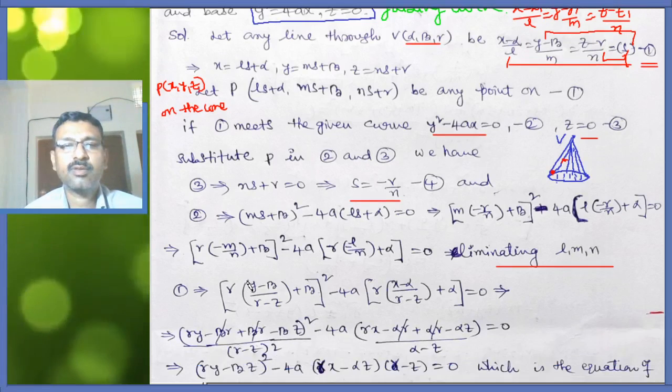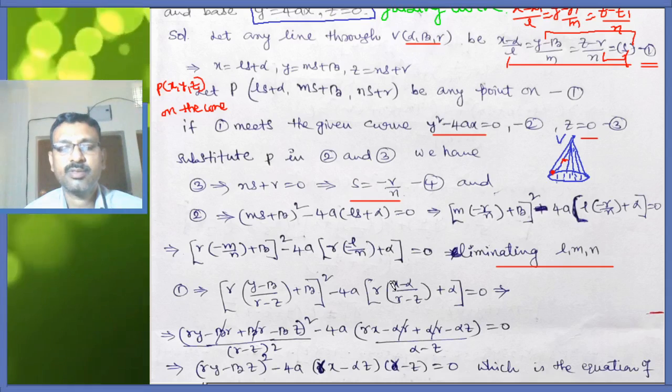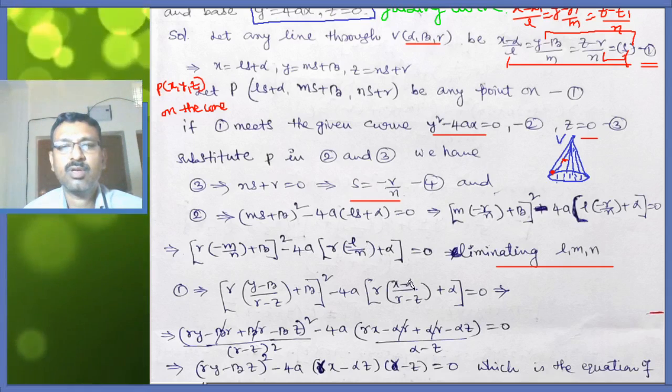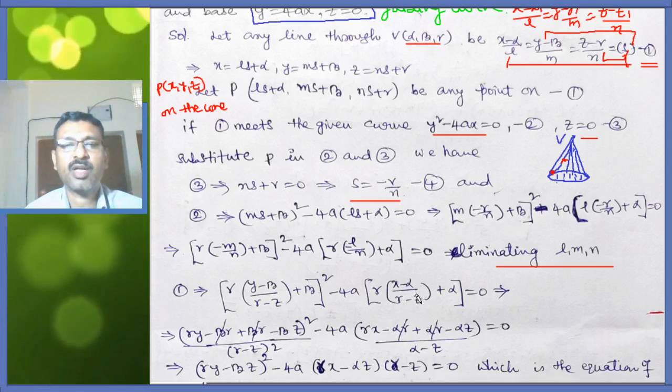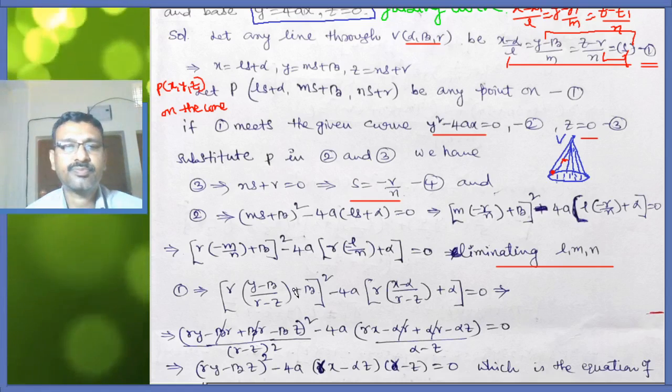So similarly here y minus beta by gamma minus z. Similarly I am replacing minus L by n equal to x minus alpha by gamma minus z, plus alpha equal to 0.